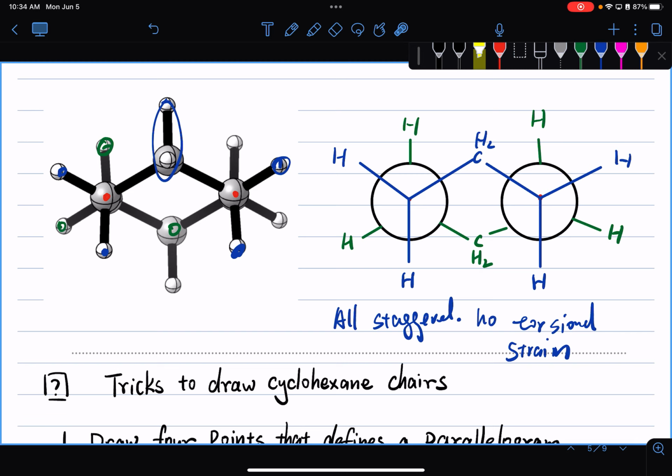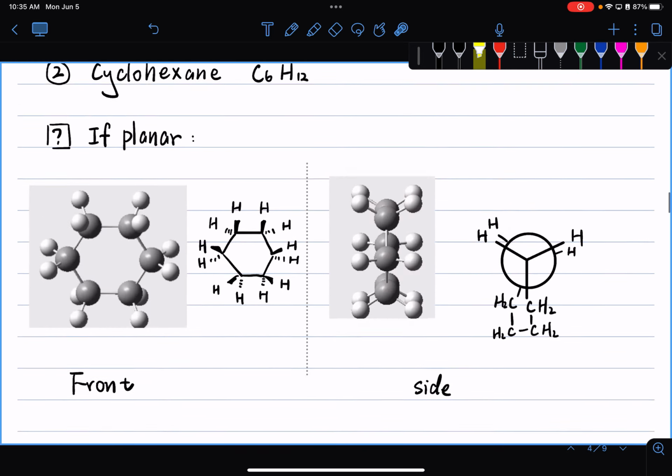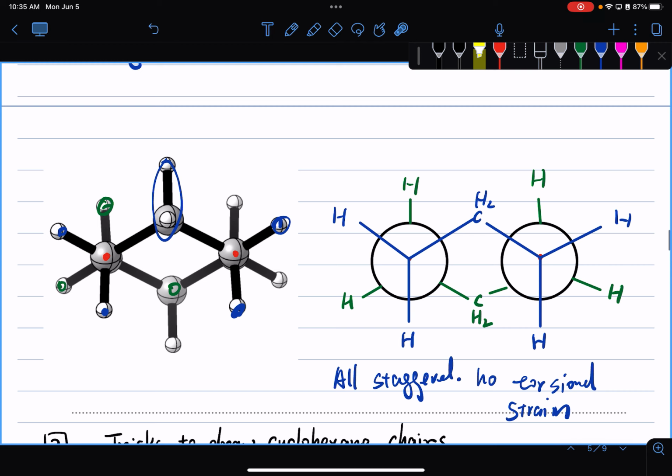So when we're saying eclipsing, going back to our cyclopropane example, if we compare these two carbons and these two, on the right, the cyclopropane is a perfectly eclipsed example. Everything eclipses over each other. But in my chair conformation, in the cyclohexane, they are staggered over each other. Eclipsing is right on top of each other. These two, you can say they're gauche to each other, but they're not eclipsing to each other.